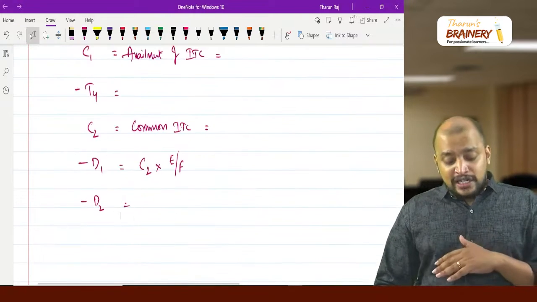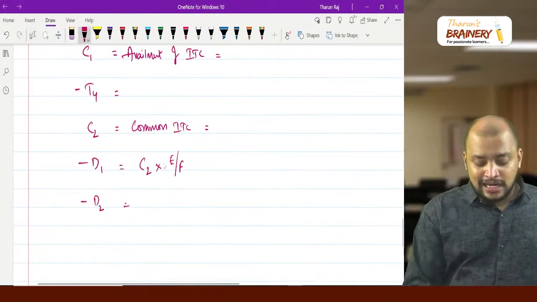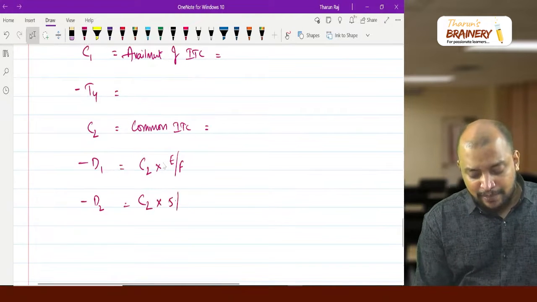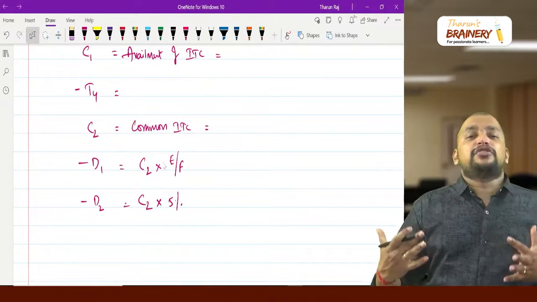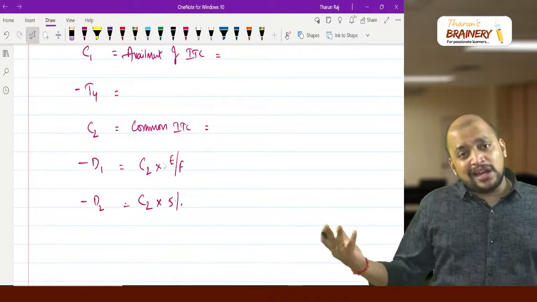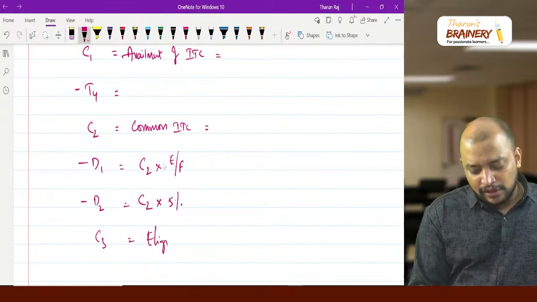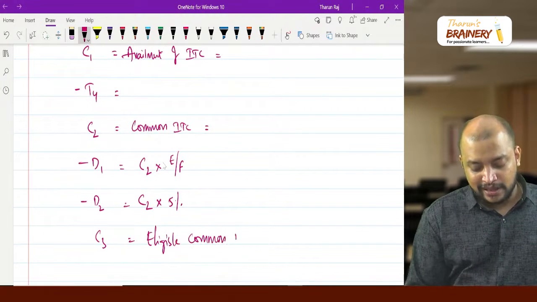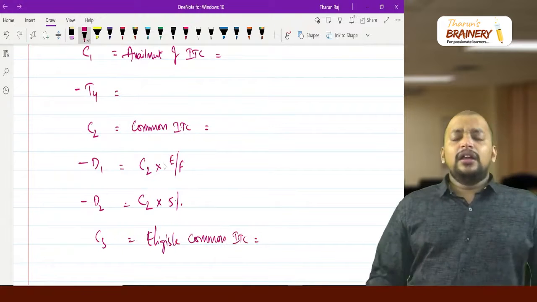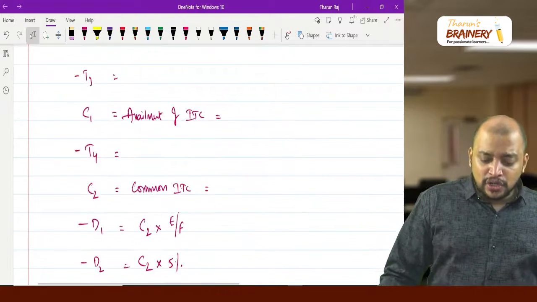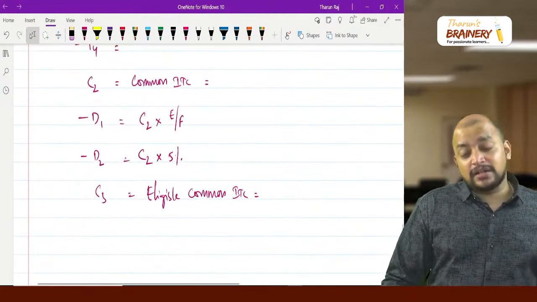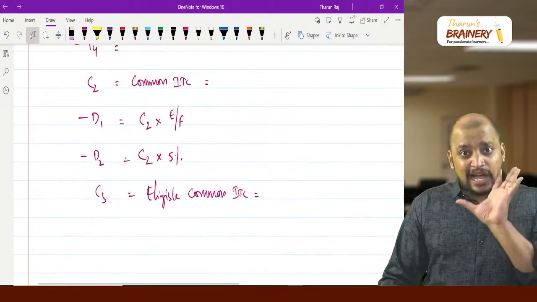If you don't know, then it will travel to common credit and here you will take C2 into 5%. So from the common credit, if you take out D1, D2, the remaining is the C3, eligible common credit. Now, we need to just ensure that we stick to this format so that we will arrive at the answer. Okay.